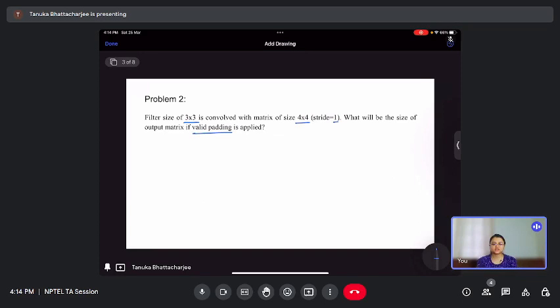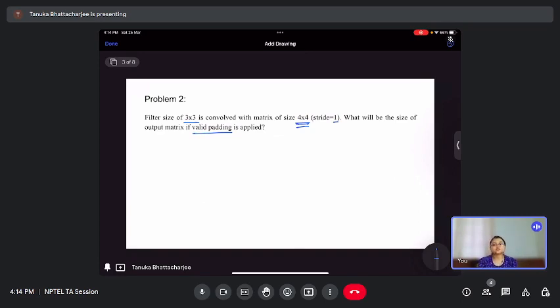So if initially it was a 4 cross 4 matrix like mentioned here and you specify padding as same, then after passing through the convolutional layer your matrix will remain of size 4 cross 4. To keep it the same size, whatever necessary padding has to be done will be done if you specify padding as same.